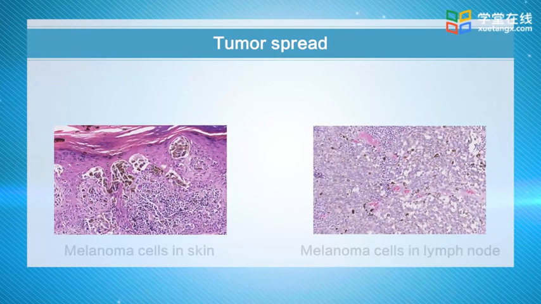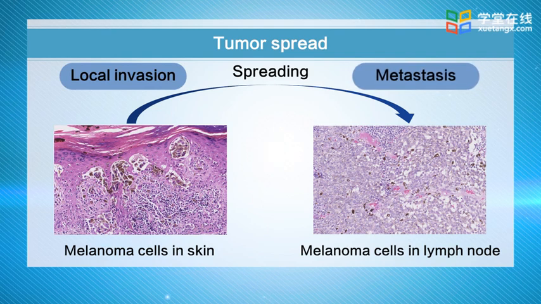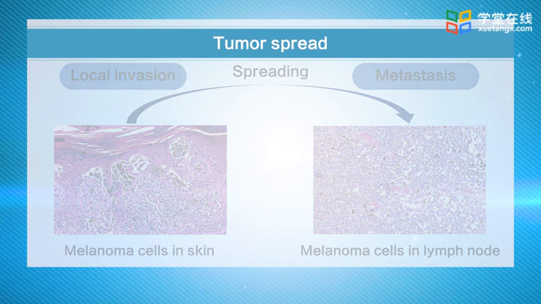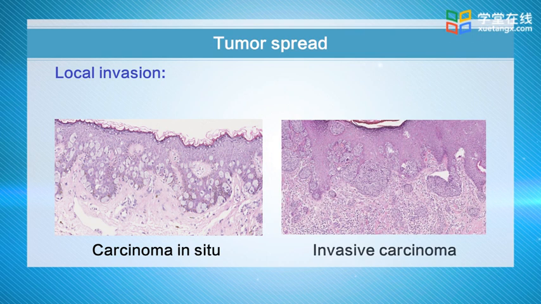Tumor spread means the tumor migrates from its point of origin to other sites, and is characteristic of malignant tumors. Clinically, this is manifested by local invasion and distant metastasis. The proliferation of tumor cells and the progressive increase in tumor size eventually lead to a breach in the barrier between tissues, leading to tumor extension into adjacent tissue.